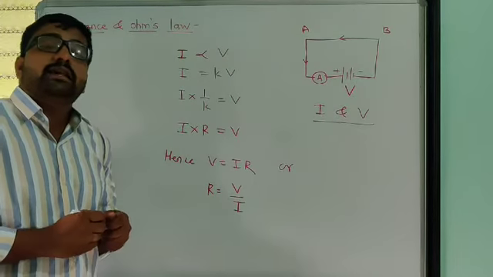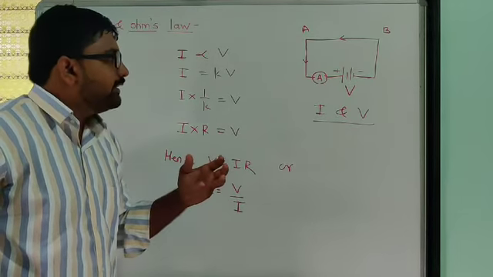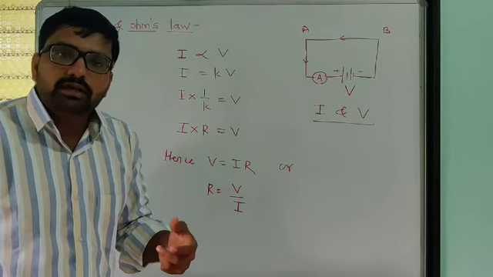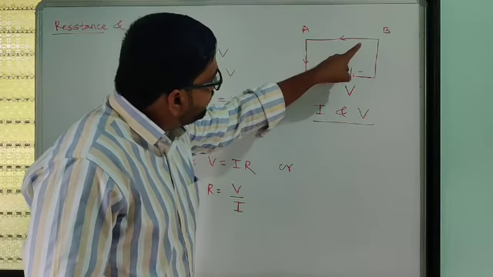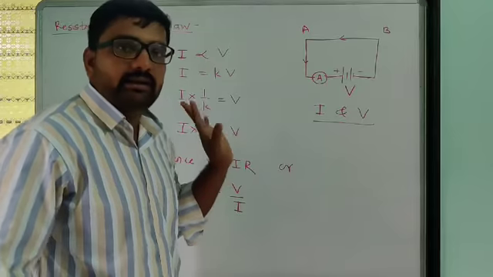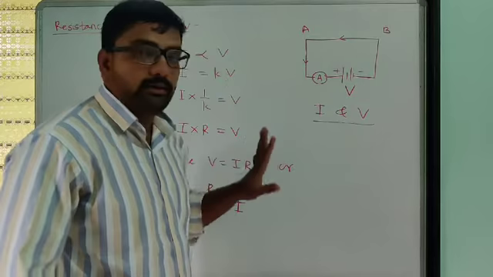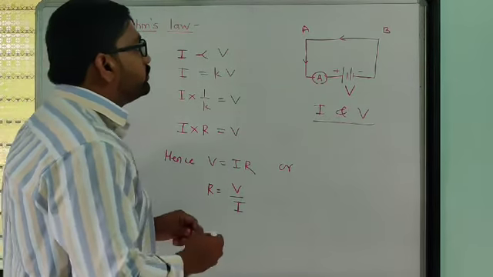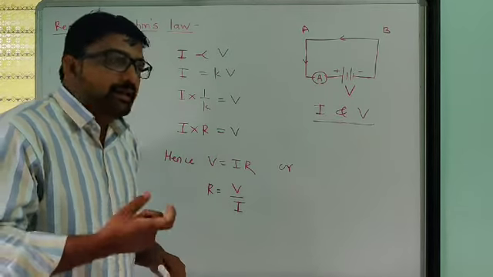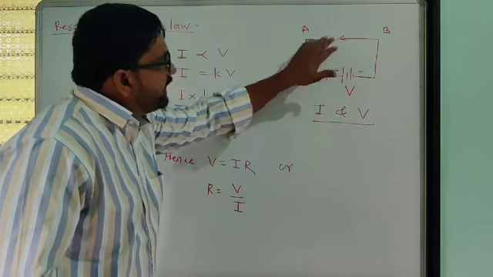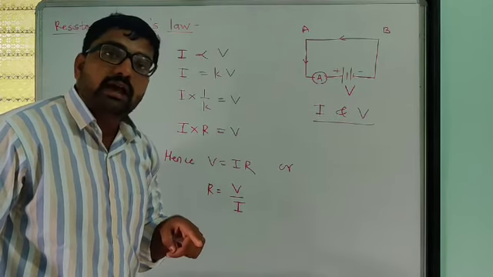After his study, he made a conclusion that the electric current passing through an electric conductor is directly proportional to the potential difference across it.